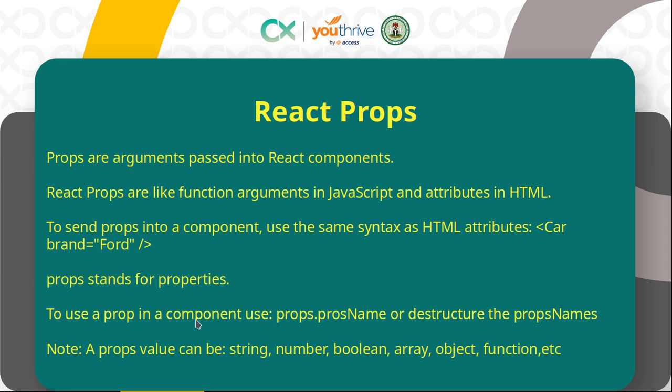To use a prop in a component, use props dot prop name, or you destructure the prop names. So I'm going to show you both. But note that props values can be a string, number, boolean, array, object, or functions, and you will see me using all of this as we progress in this course.